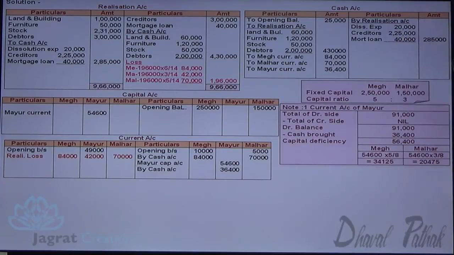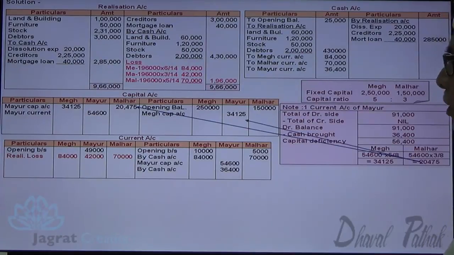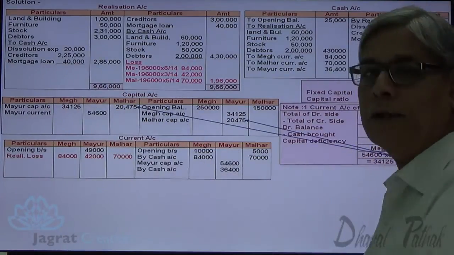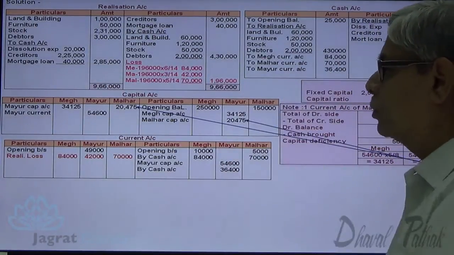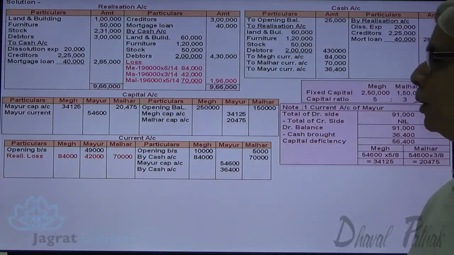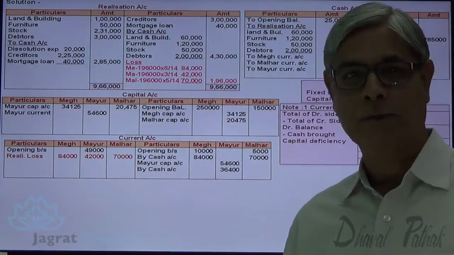The entry for that: Meg's and Malhar's capital accounts debit to Mayur's capital account credit. So this is how capital deficit is debited to the solvent partners' capital accounts, and its benefit is given to the credit side of Mayur's account. So Mayur's capital account will be closed now.